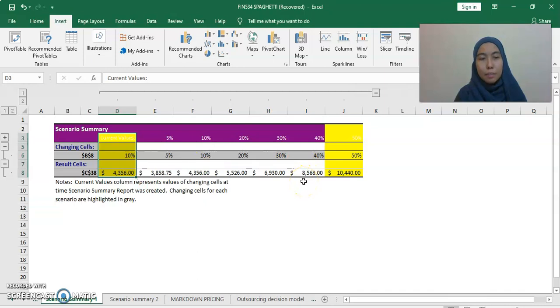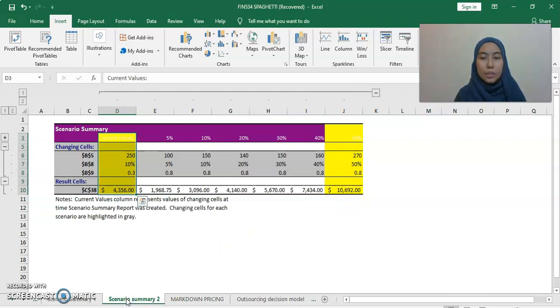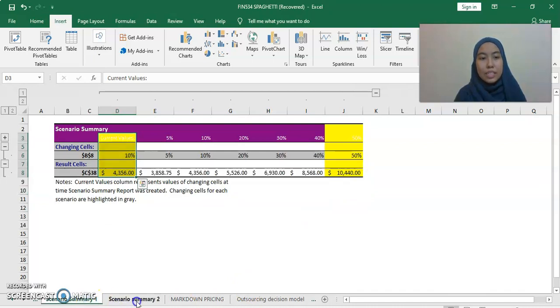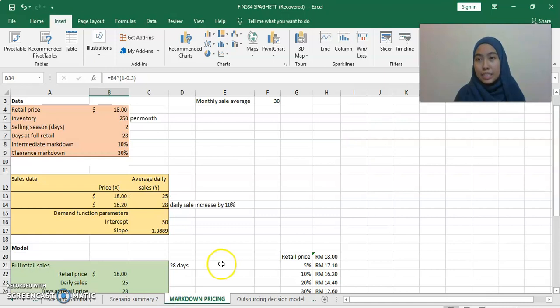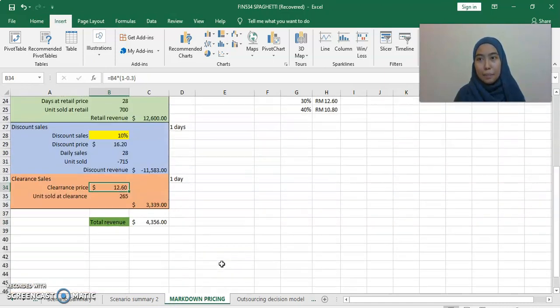So the best scenario is 50% because my revenue is really high, 10,440 ringgit. And scenario 2 also 50%, but this scenario does not achieve my target, as my assumption is 15,000. So maybe I cannot do any markdown pricing to achieve my target.